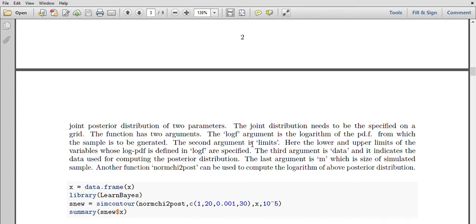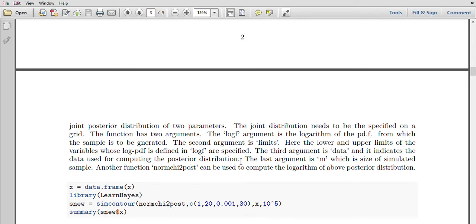The second argument is limits, where the lower and upper limits of the variables whose log PDF is defined in logf are specified. The third argument is the data, that is nothing but the observations, x in our case, and it indicates the data used for computing the posterior distribution.